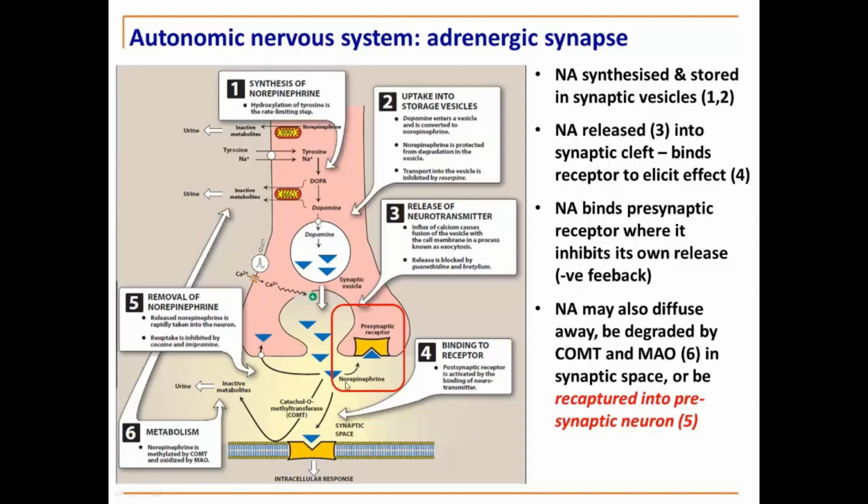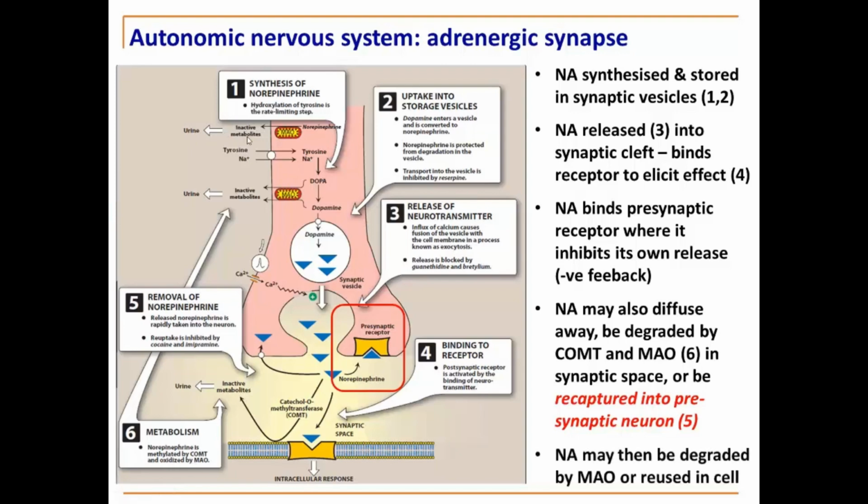But noradrenaline can also get retaken up or recaptured into the presynaptic neuron. Once noradrenaline has been taken back into the presynaptic neuron, it can be recycled, going back into the vesicle, or it can be degraded by monoamine oxidase that we've already talked about, and released as inactive metabolites, which then pass into the urine.